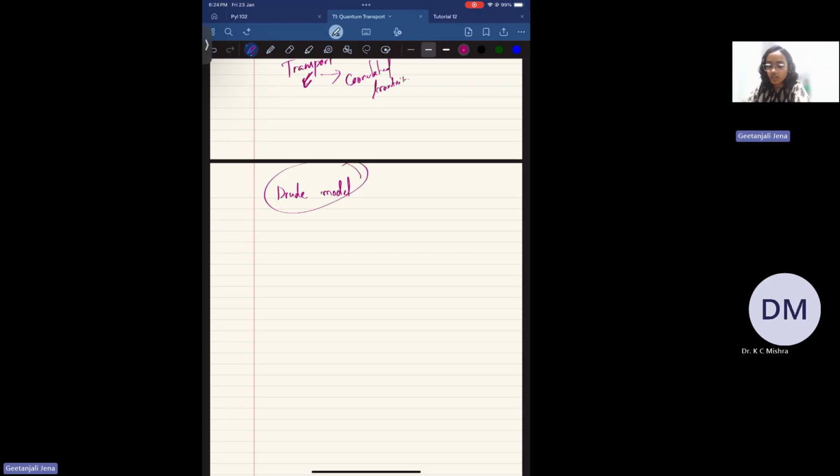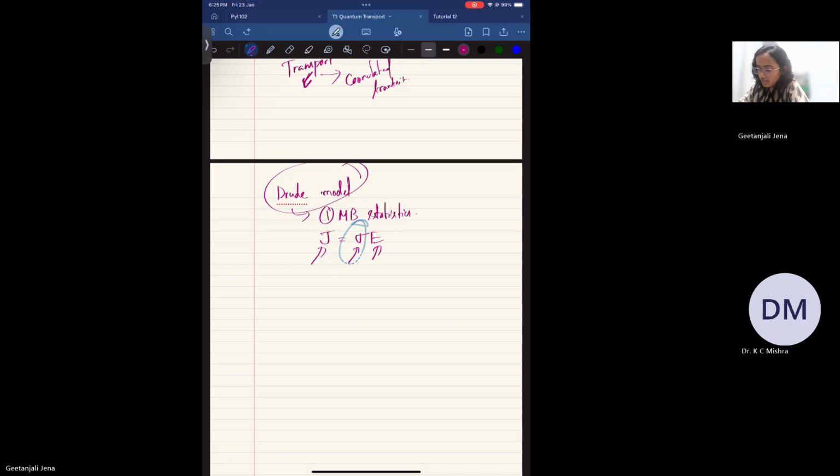It is nothing but a free electron model, and it assumes that the charge carriers follow Maxwell-Boltzmann statistics and behave like molecules of an ideal gas. And for this, they also follow Ohm's law: J is sigma E. This is the current density, this is the conductivity, and this is the applied electric field.